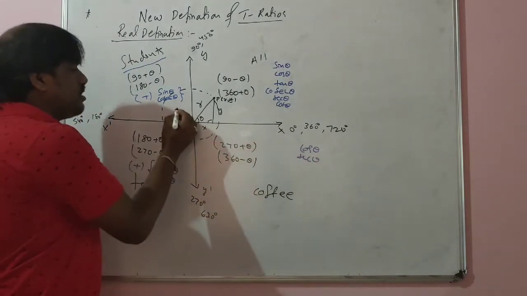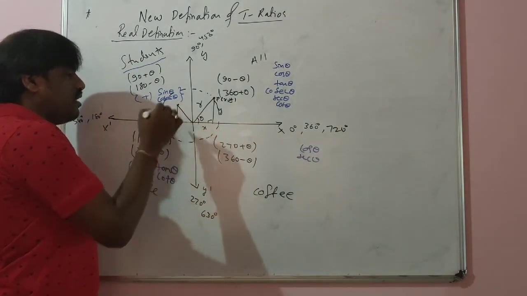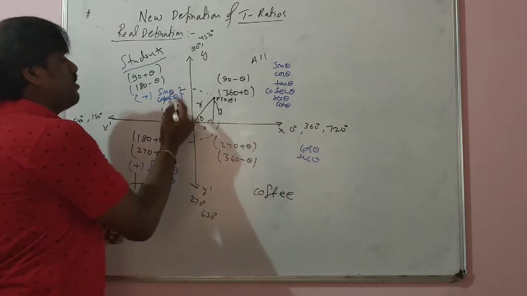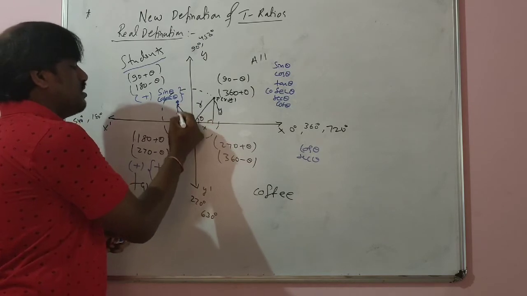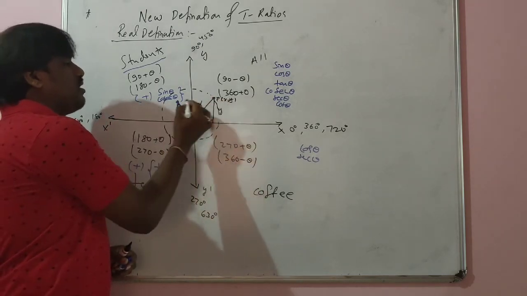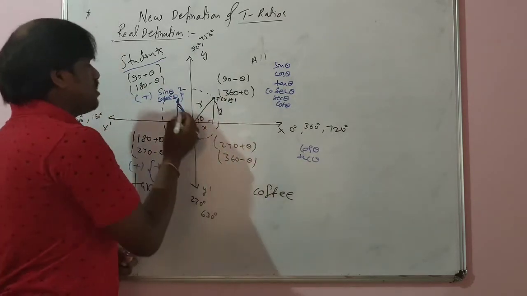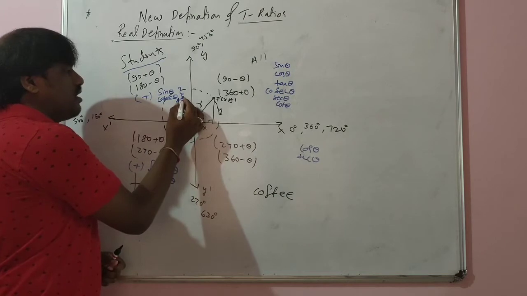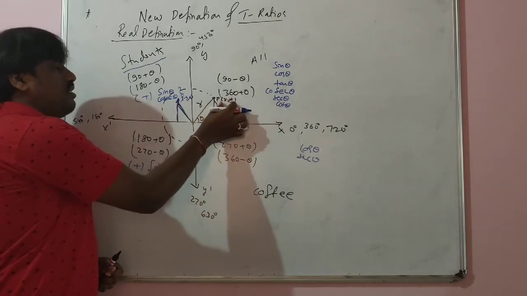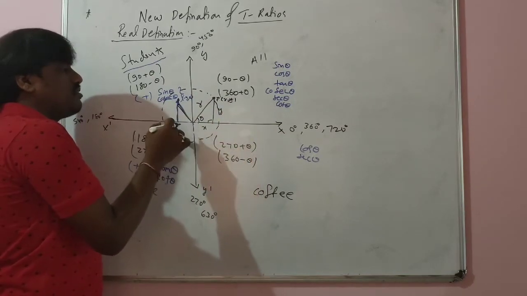And if I come to this quadrant, this point, you have learned in class 9th, the image of this point will be what? Minus y comma x. This point will be minus y comma x, because this is x comma y, then minus y comma x.